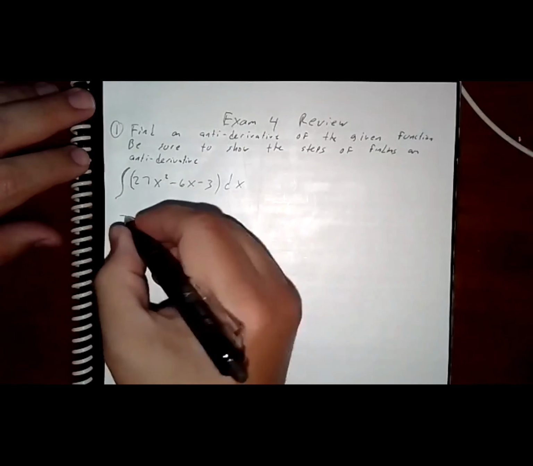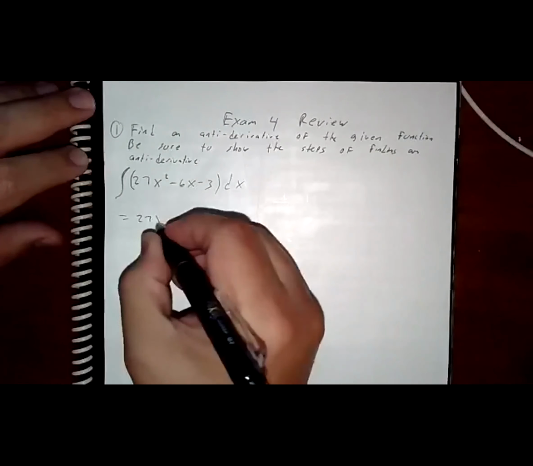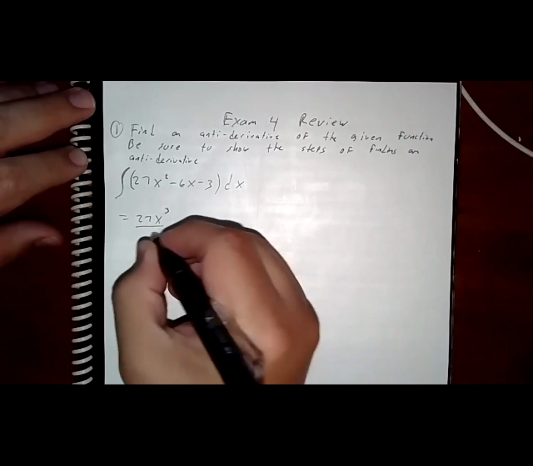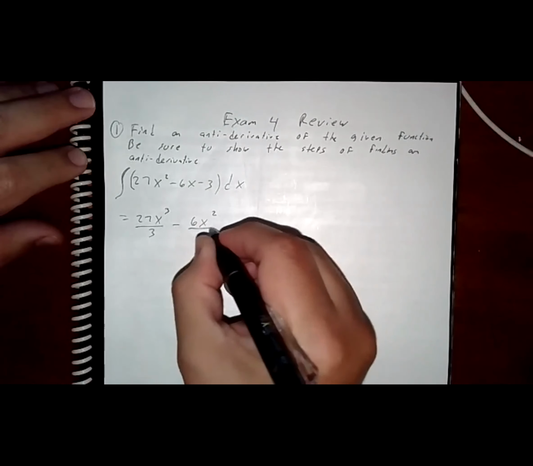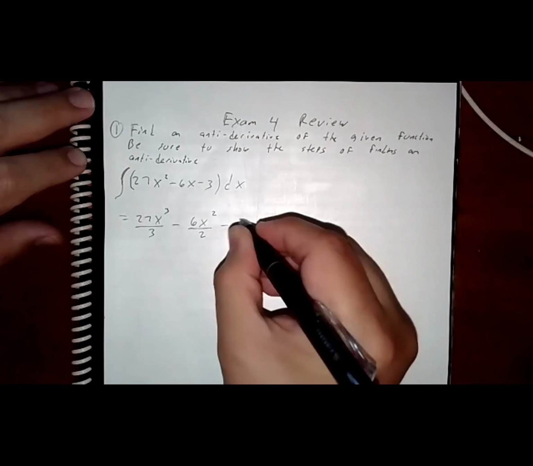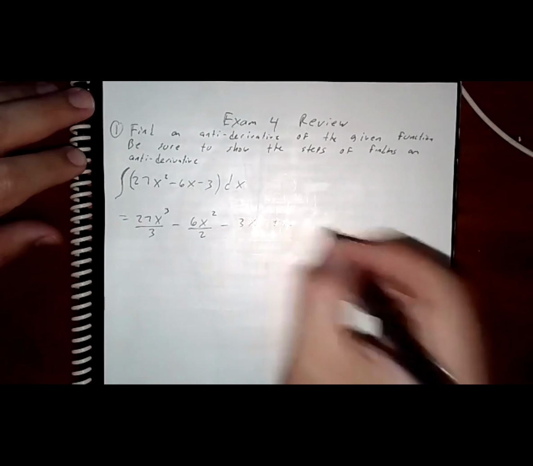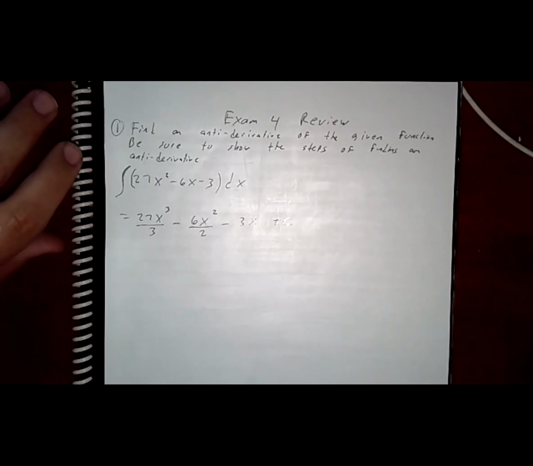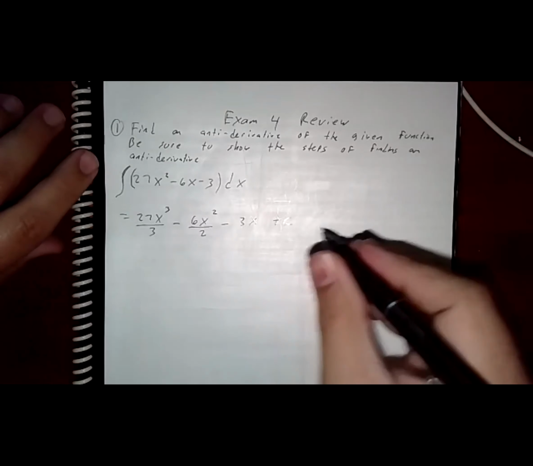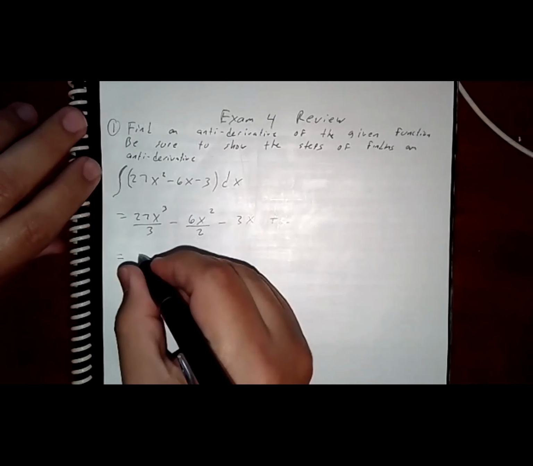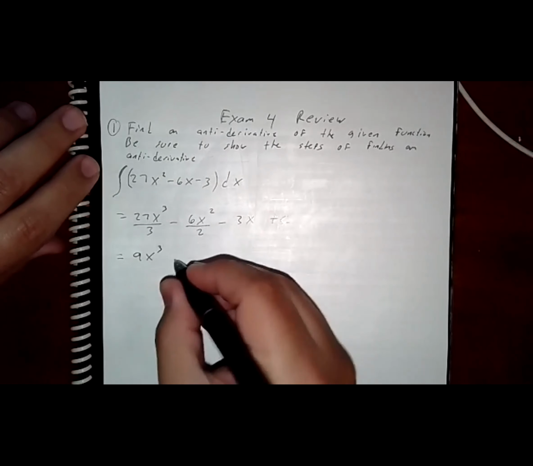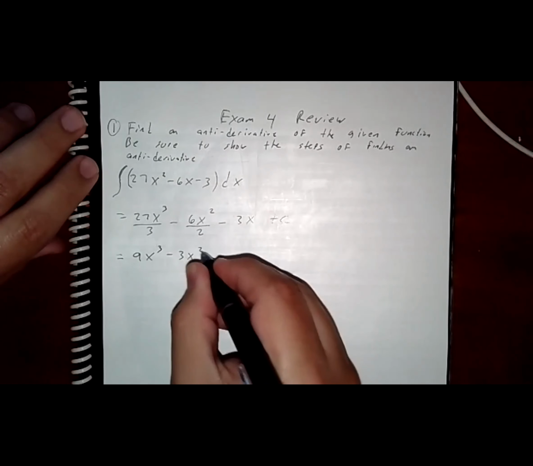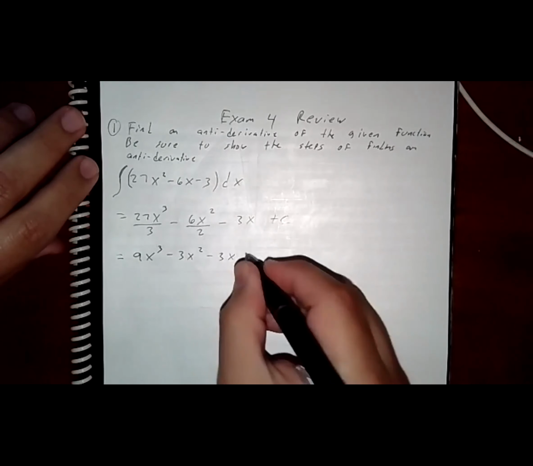So this will become 27x cubed over 3 minus 6x squared over 2 minus 3x plus c. And that reduces, of course, to 9x cubed minus 3x squared minus 3x plus c.